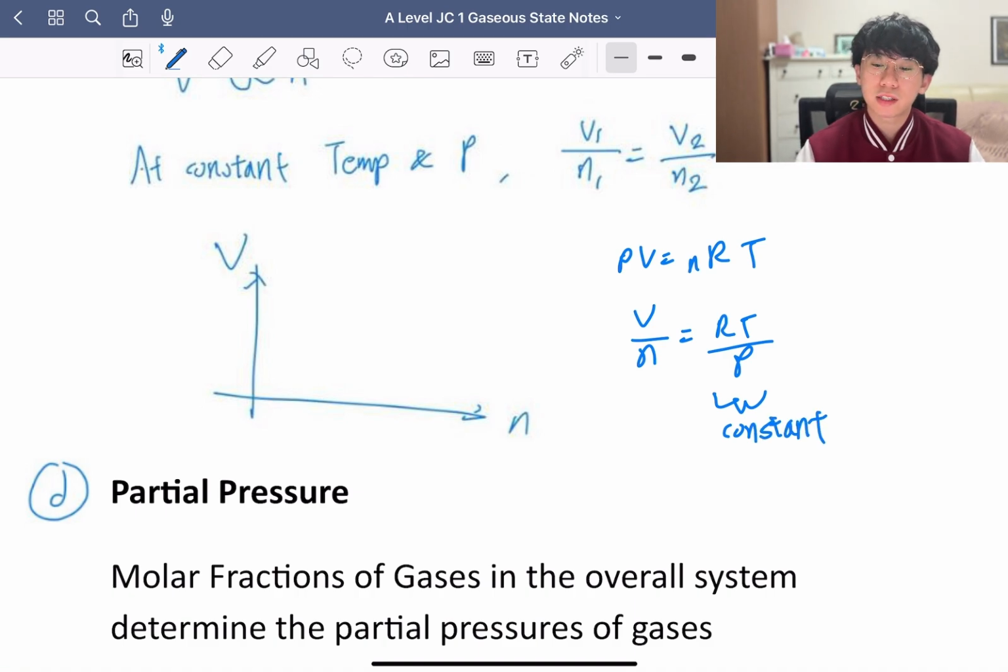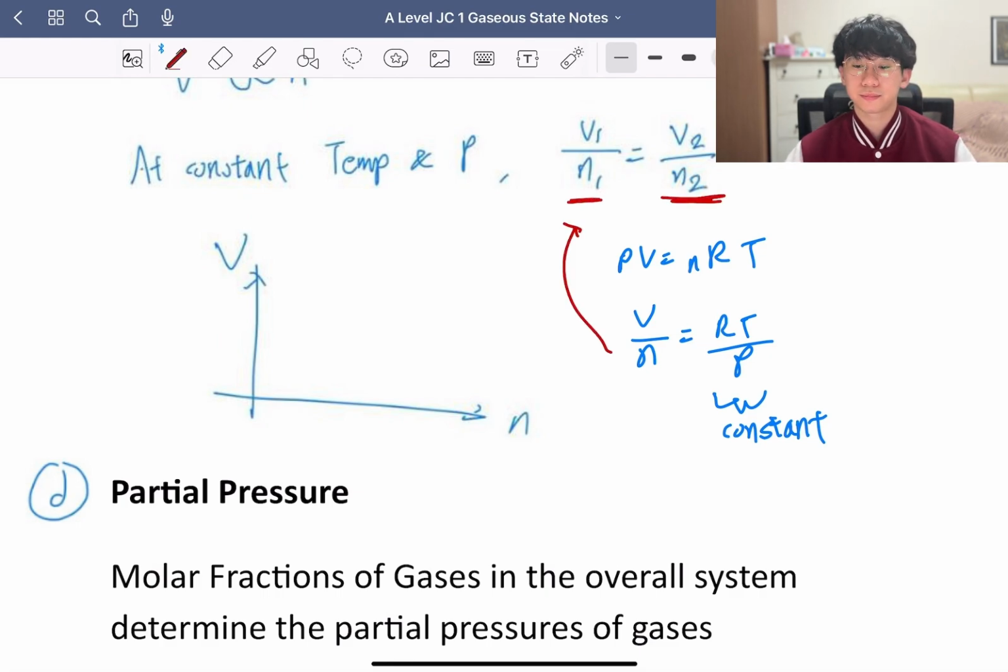And this gives rise to the equation V1/N1 equals V2/N2. So when I change the number of moles of a gas, this should directly affect the volume. And this graph, if I were to interpret it correctly, so if V is directly proportional to N, looking at the sides of the equation, this would mean that there is a straight line going up.